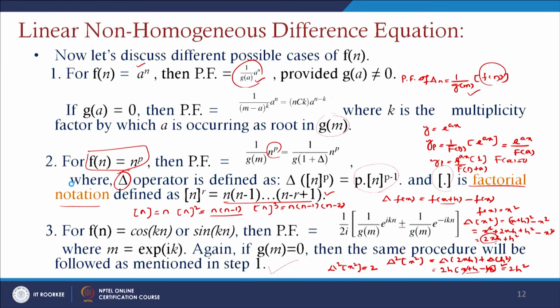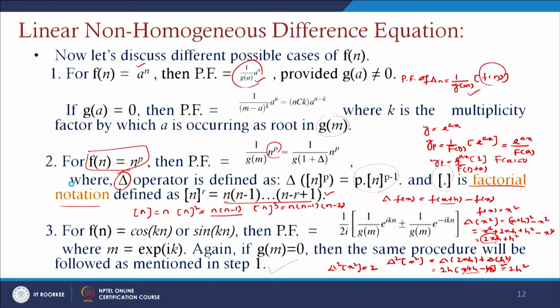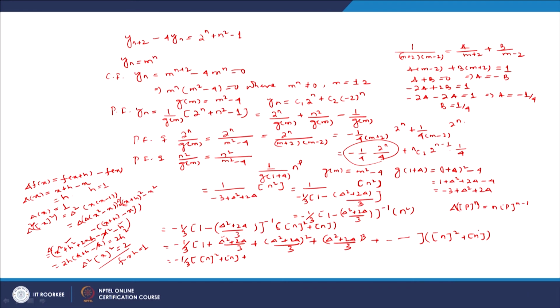In the same way, we can express delta of n to the power p, which can be written as p n to the power p minus 1.